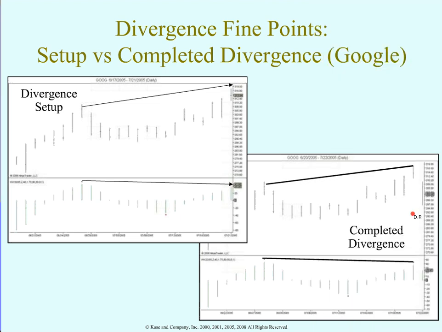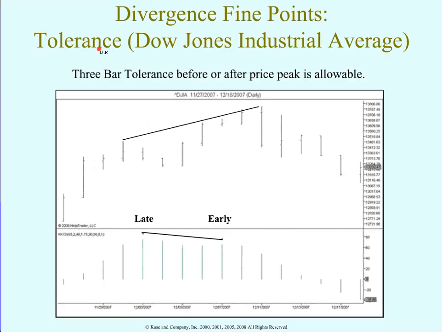Now, one thing to point out here, which is going to tie into the next slide, is that if we look at the peaks in price and the peaks in momentum, they're happening on the same bars. This is not always the case. So we go by a tolerance factor. A tolerance factor is you're looking at comparing price peaks with momentum peaks.